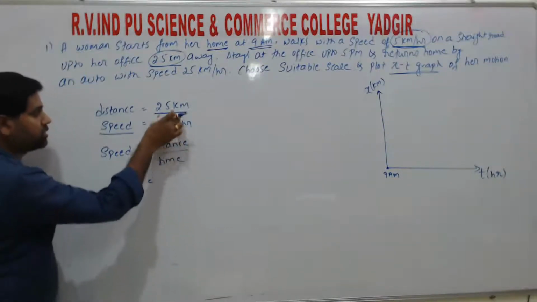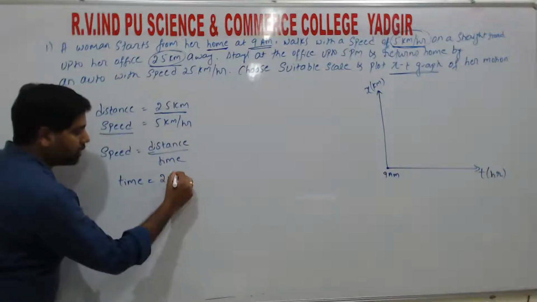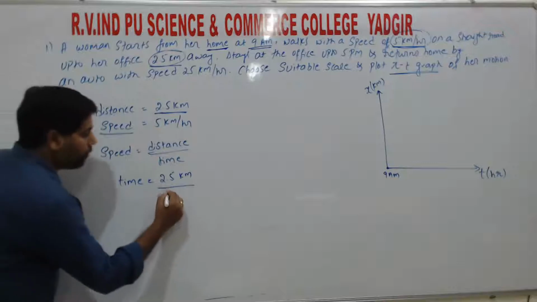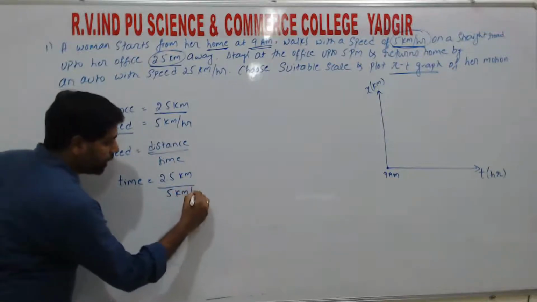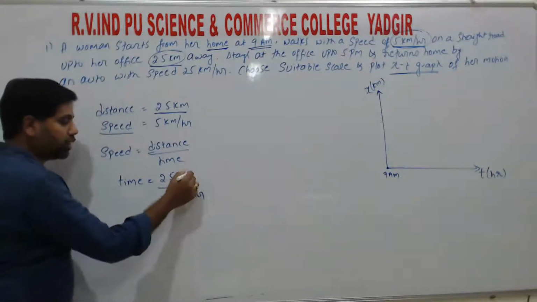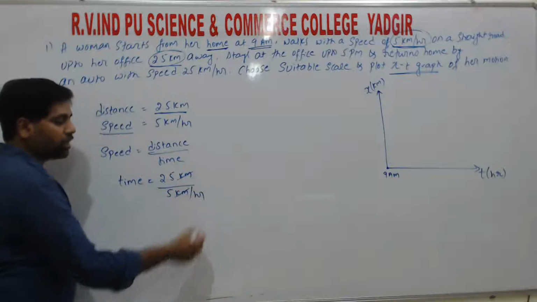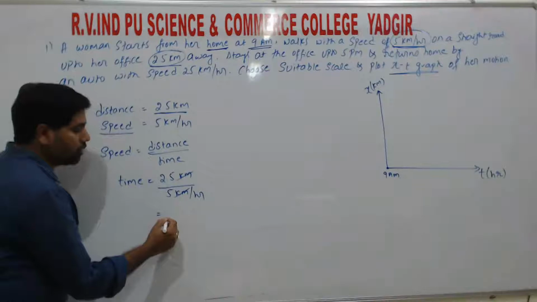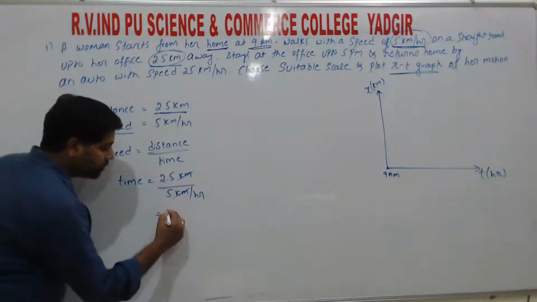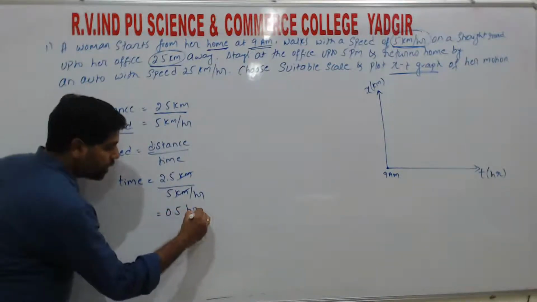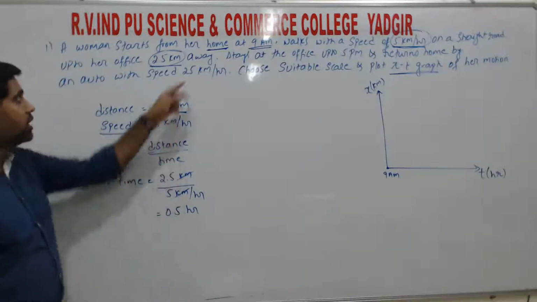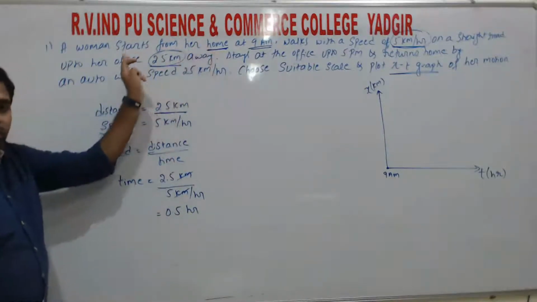The distance is 2.5 kilometers divided by the given speed, 5 kilometers per hour. Kilometer cancels, and hour goes to the numerator. So 2.5 by 5 is 0.5 hour. So she takes 0.5 hours to reach the office from her home.